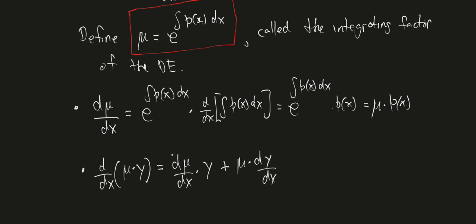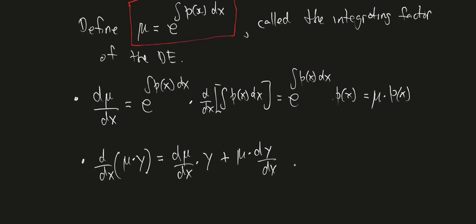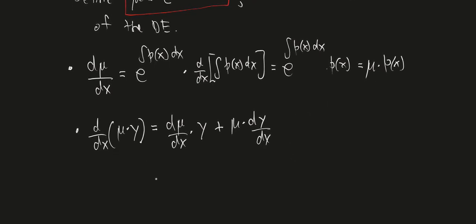But I just found what d mu is: the derivative of mu is mu times p of x. So this is equal to mu times p of x times y, plus mu times dy/dx.